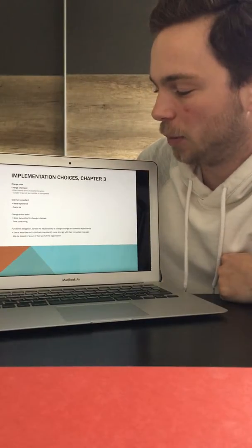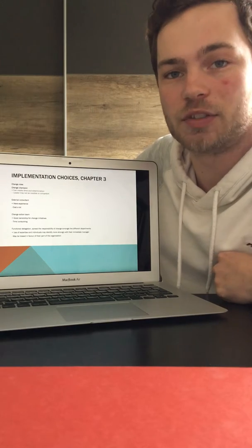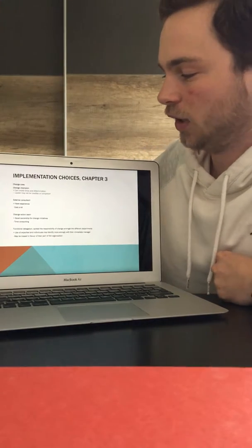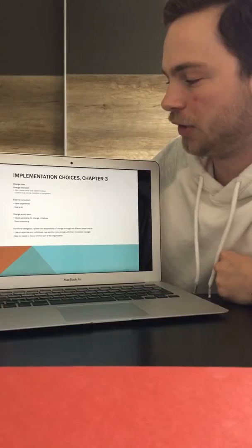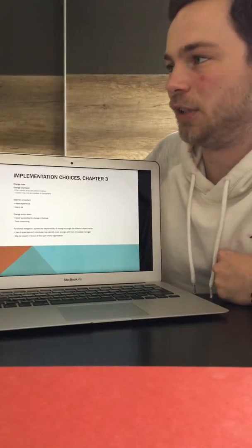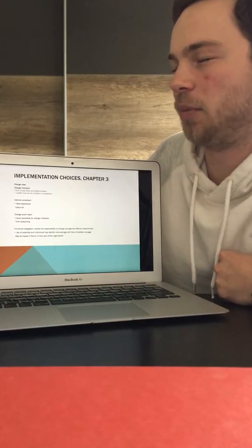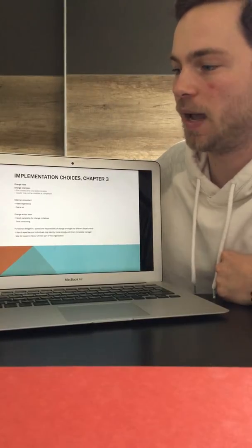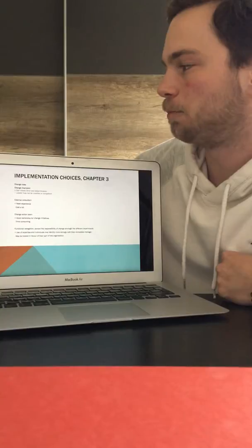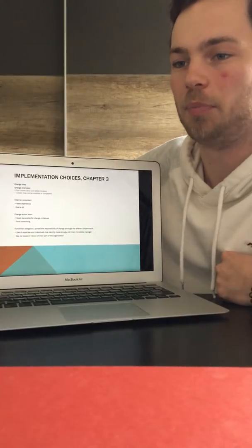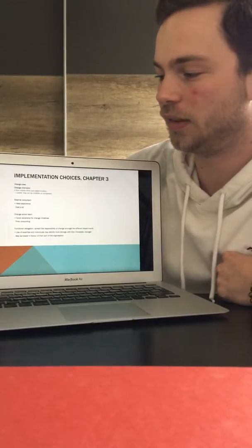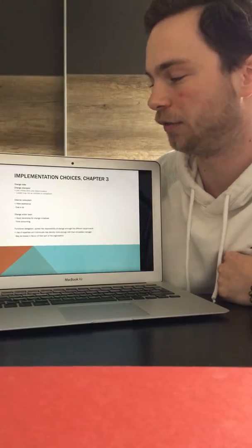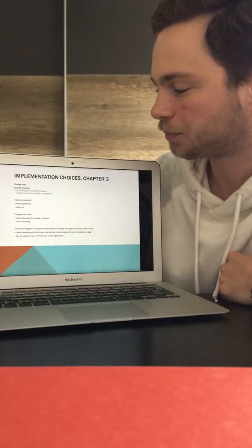So there are different change roles. I will discuss them all with one positive point and one negative point. The first change role being change champion, which is one person that is in charge of the change and is in charge of getting everyone on the same page and making sure that the change sticks and that everybody follows the right direction.